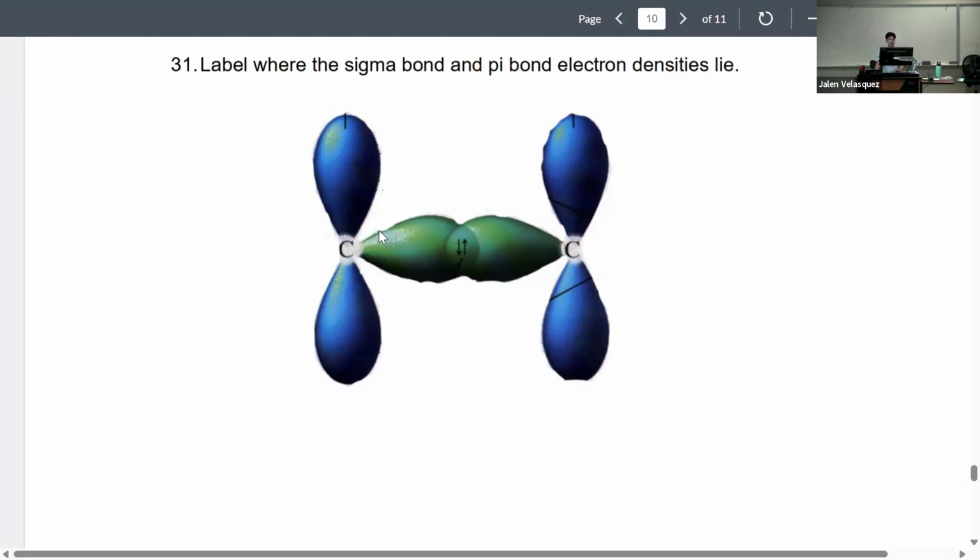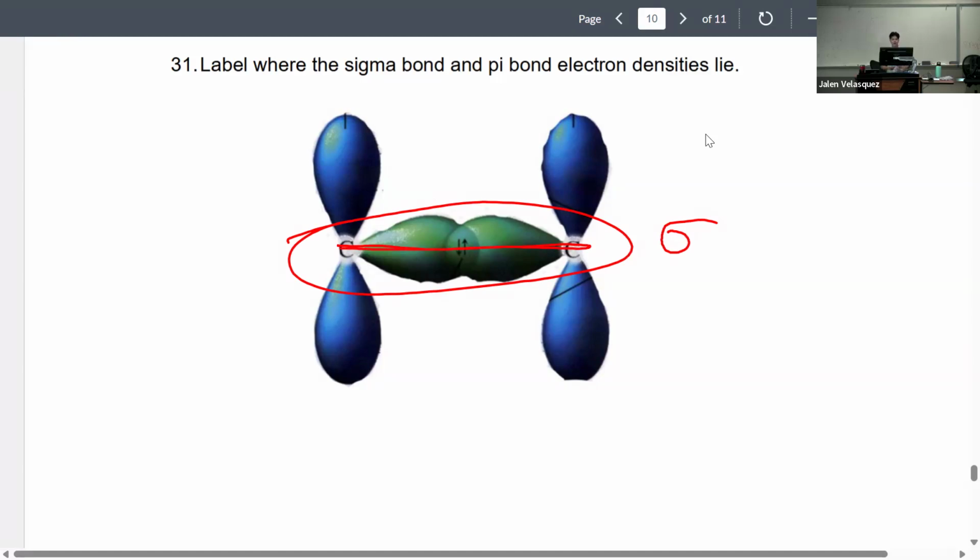In the middle or outside? The middle. So here is sigma. Remember, a sigma bond is when the electron density lies between the axis of the nuclei, so it's directly between this axis here.